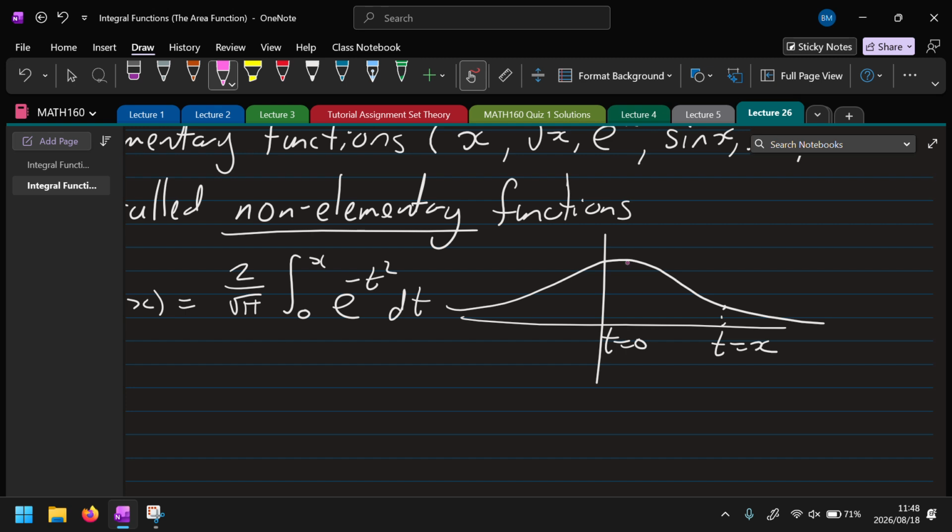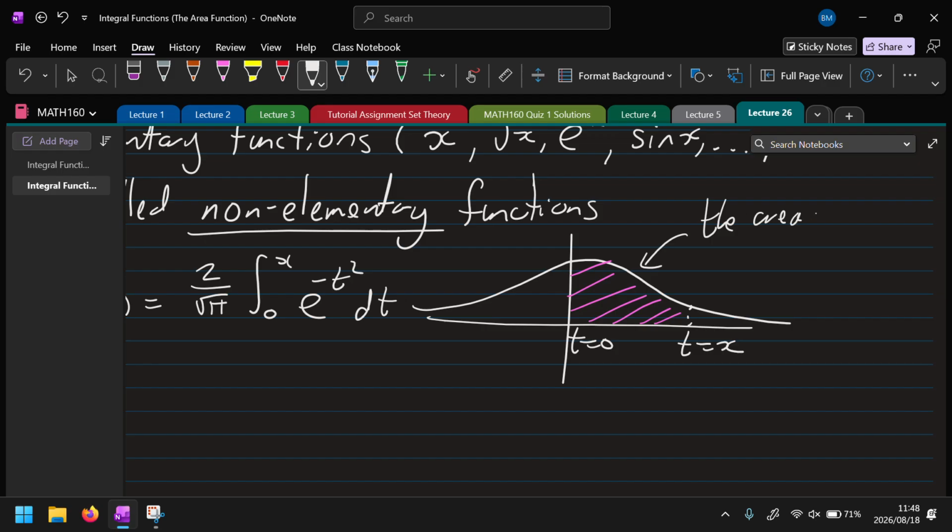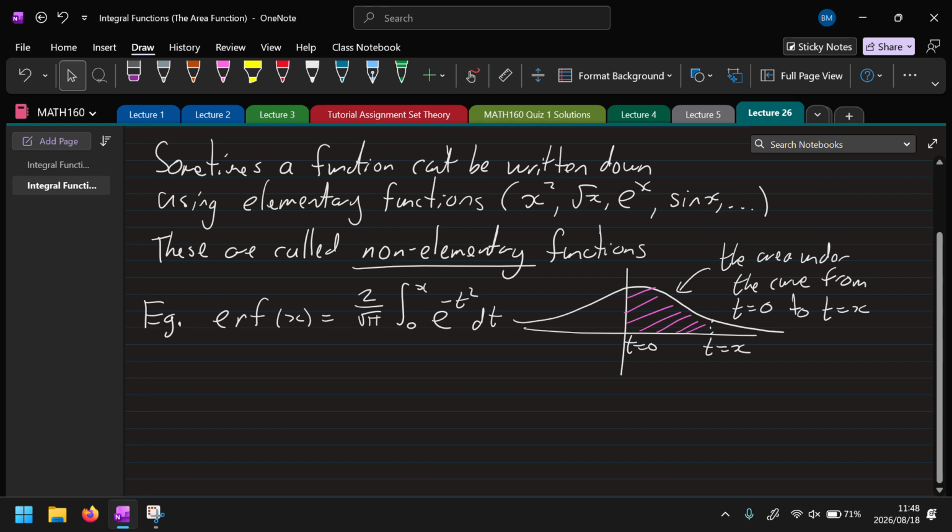We're looking at this area over here. It's scaled by the 2 over root pi, but don't worry about that. The main integral is just the area under the curve. From t equals 0, our lower bound, to t equals x, the upper bound. As we change x from 0 to infinity, this error function just computes whatever that area is.